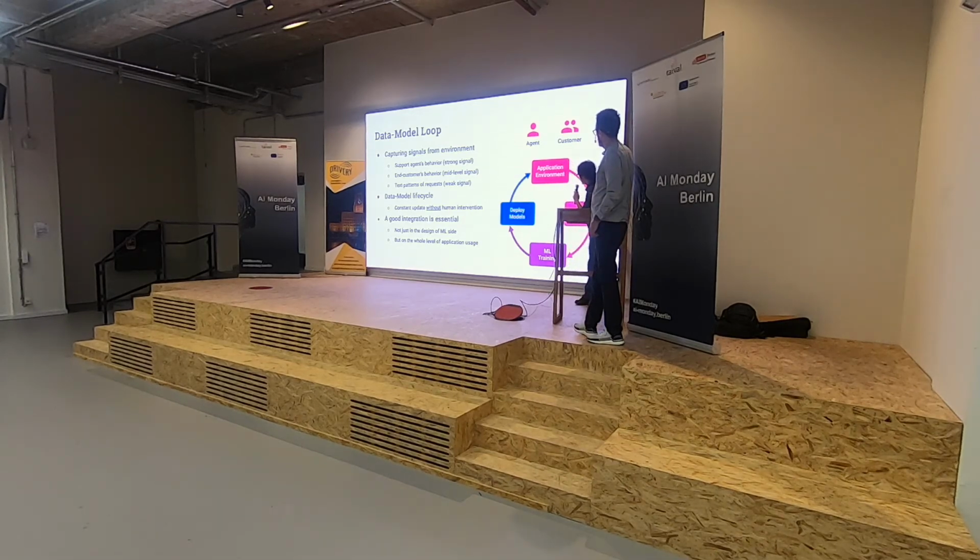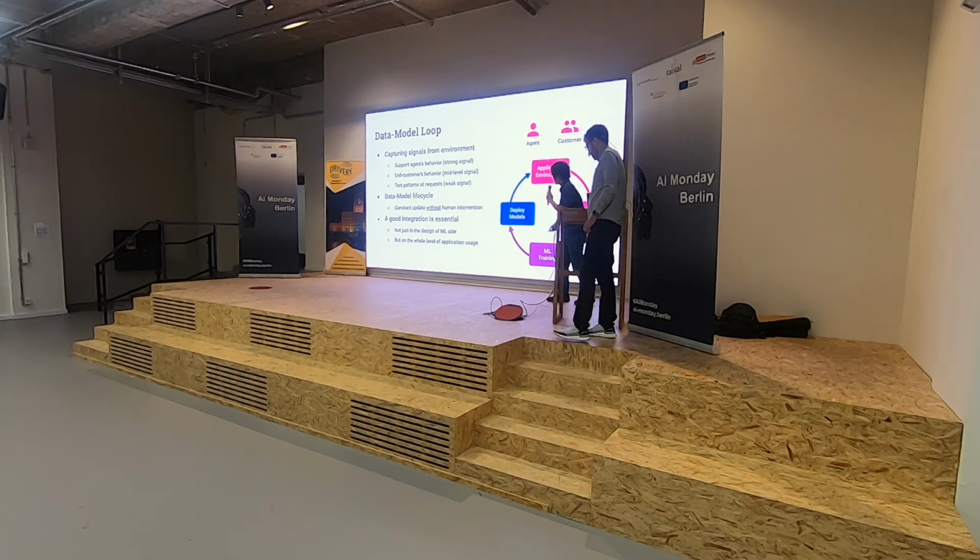All those signals are collected, and then we do machine learning training. Then the trained machine learning model is deployed. Let's say the agent suddenly adds a new service, for example a new e-bike or e-scooter. Then this training step is initiated automatically without human intervention, and then this single-shot model is deployed.